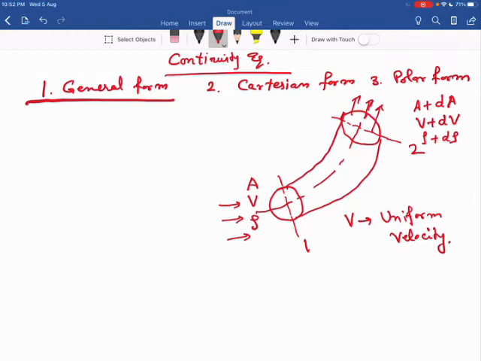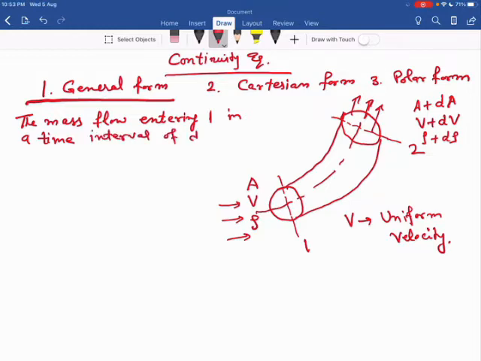Now I try to write the mass flow entering through section 1 in a very small time interval dt. Mass I write as volume multiplied by density.